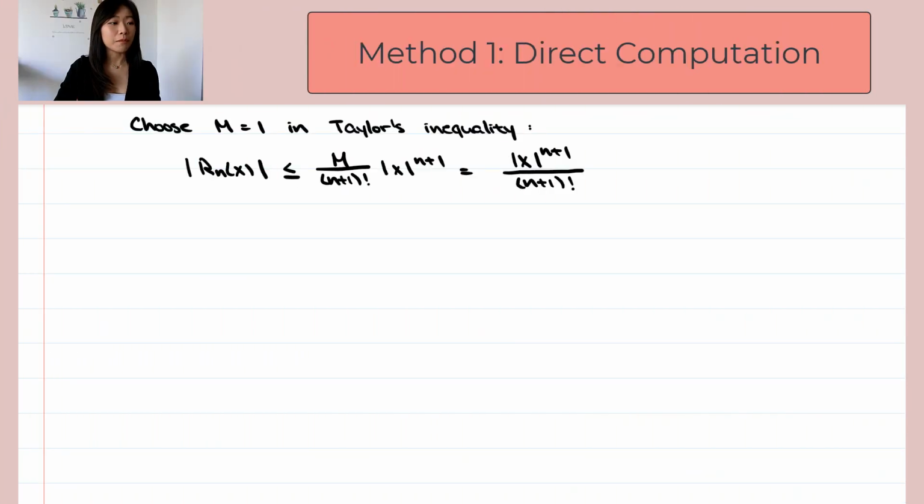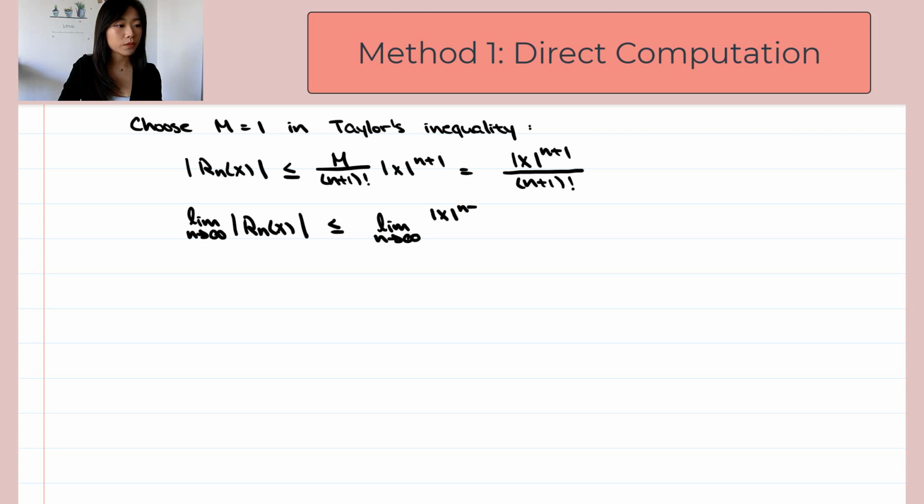Now let's take the limit on both sides. So the limit as n approaches infinity of the absolute value of the remainder, Rn, will be smaller than or equal to the limit as n approaches infinity of the absolute value of x to the power of n plus 1 divided by (n plus 1) factorial.